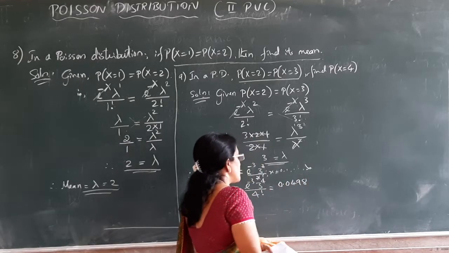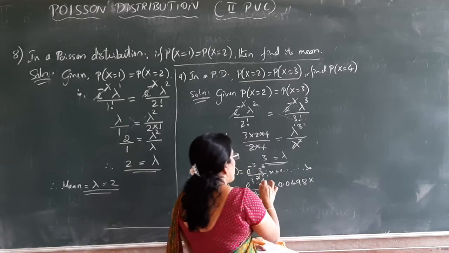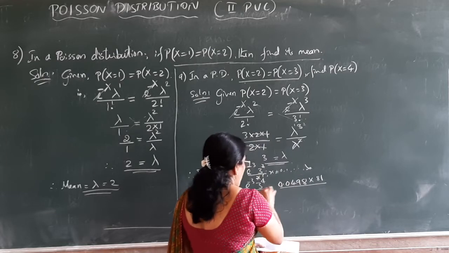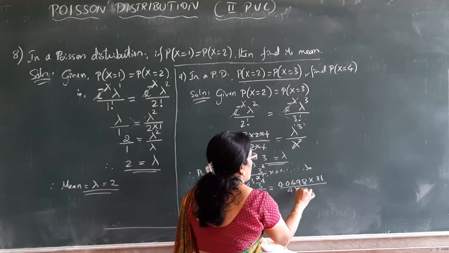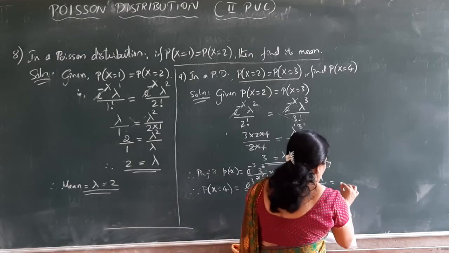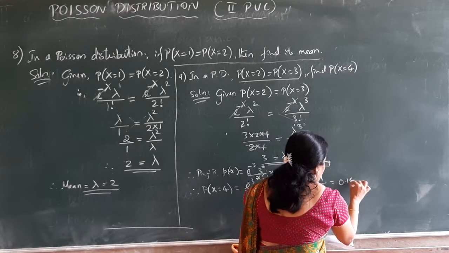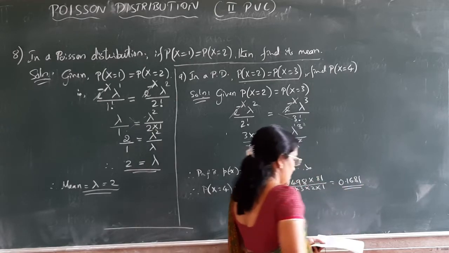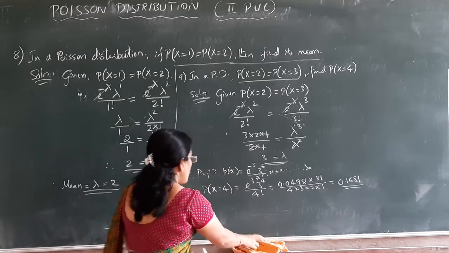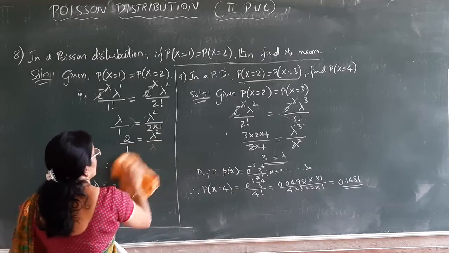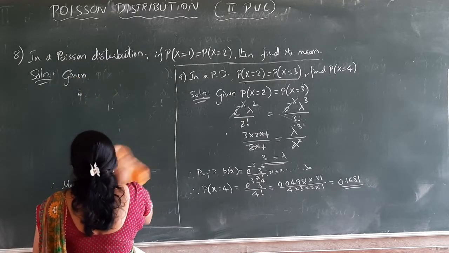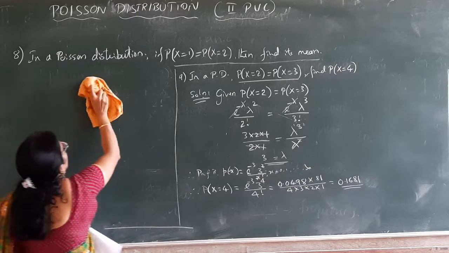You will be getting it from the table, into 3 power 4, which is 81, divided by 4 factorial. 4 factorial is 4 into 3 into 2 into 1. Now simplify this, you will be getting 0.1681. This is how to find the probability of x equal to 4 when some condition is given on probability terms. It is also a 2-mark question.